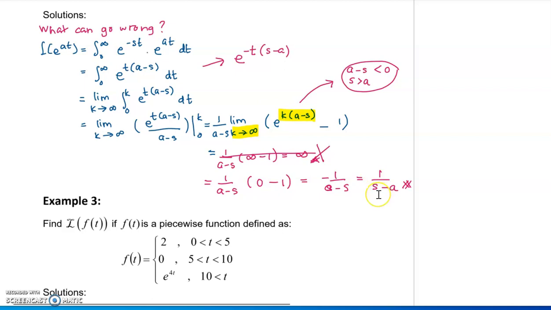I hope you are clear on that. So next time, to be safe, you need to always take out negative t rather than positive t. Okay, we will proceed with example 3.